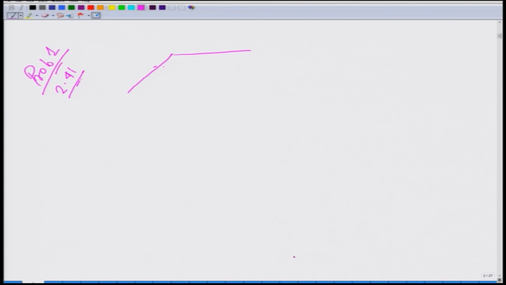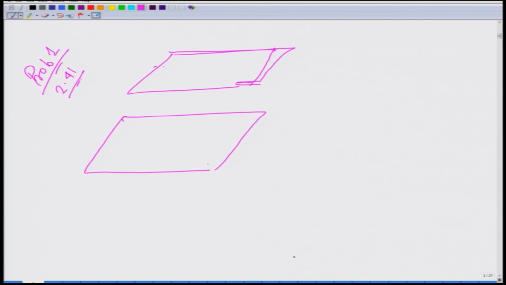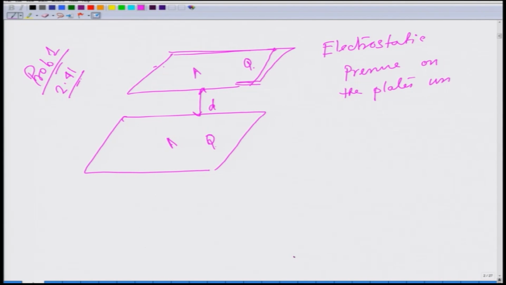Alright, so it is given that there are two metal plates, and the charge on this metal plate is Q and they have area A and the separation between these two plates is D. Now it is asked that we need to find out the electrostatic pressure on the plate using two methods.